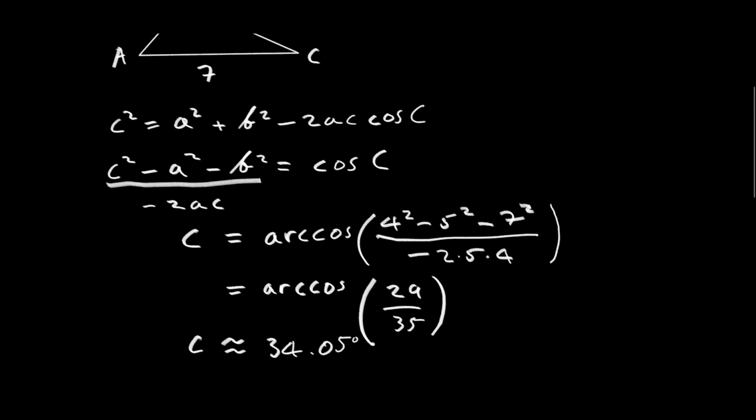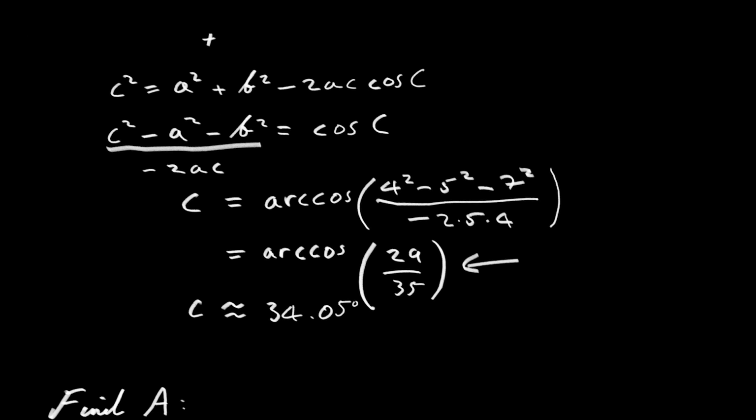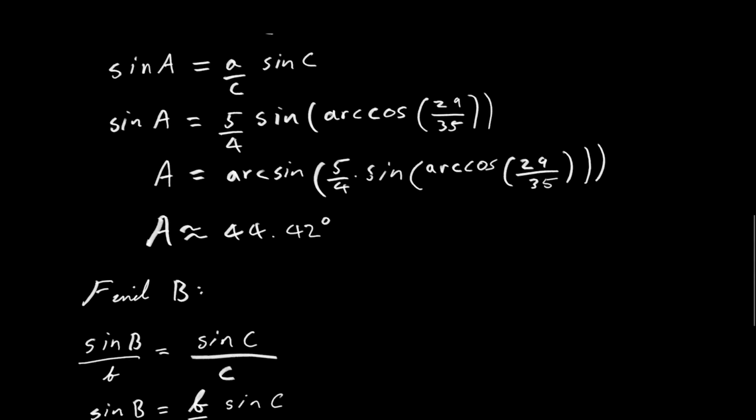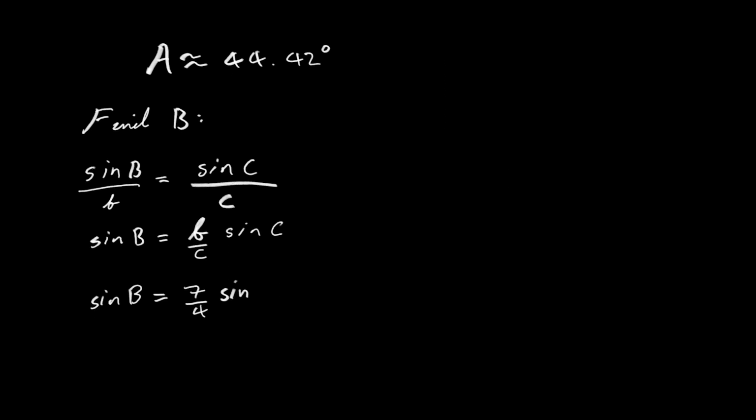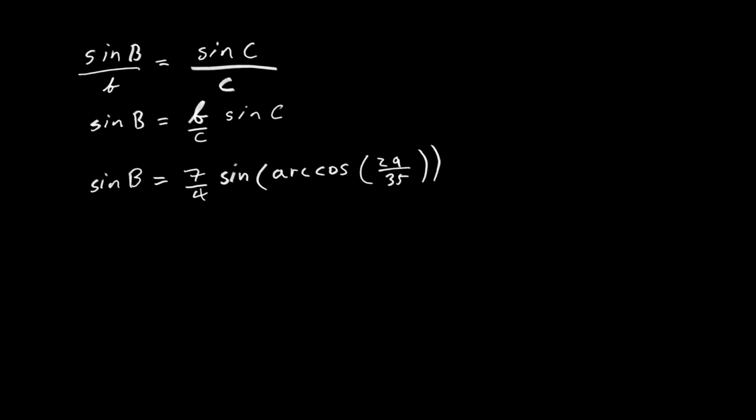Okay, that was the arc cosine of 29 over 35. Okay, the sine of the arc cosine of 29 over 35. All right, and then we would take the arc sine of both sides.